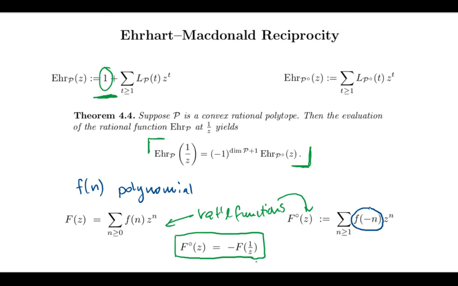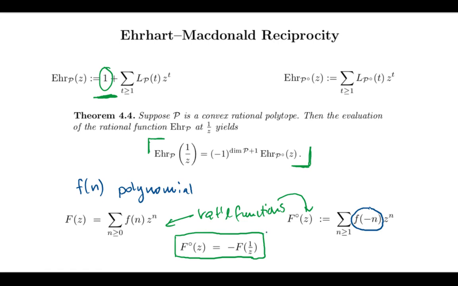I will stress the same thing as I've stressed with Stanley's theorem in both versions that we've seen. On the level of generating functions, what I just put in a green box actually does not make sense, but I invite you to realize that on the level of rational functions, this is a valid identity.